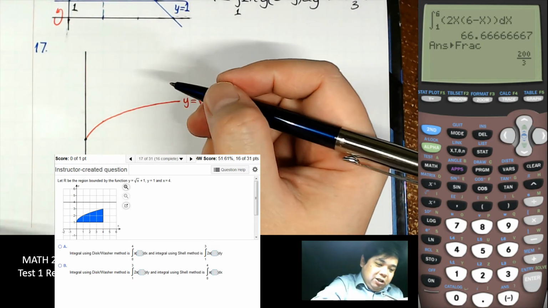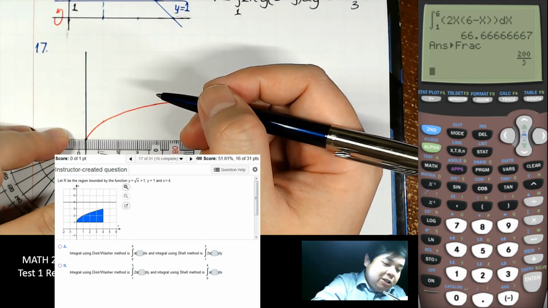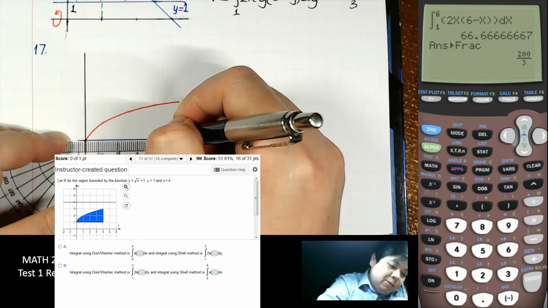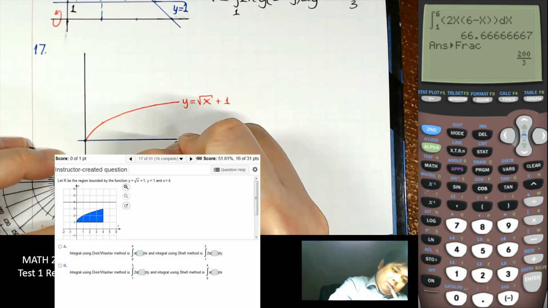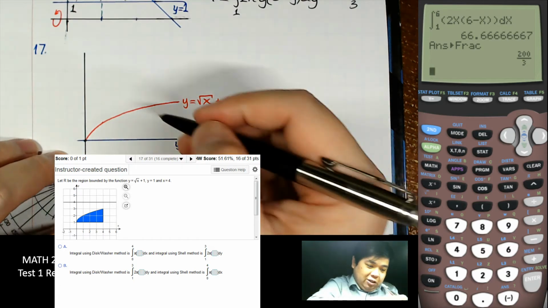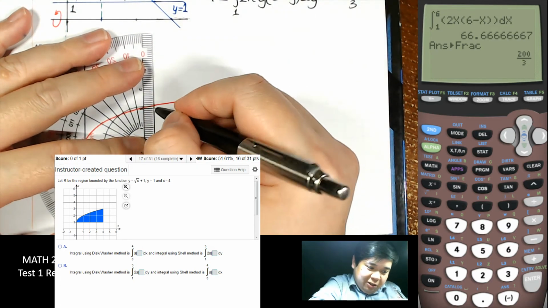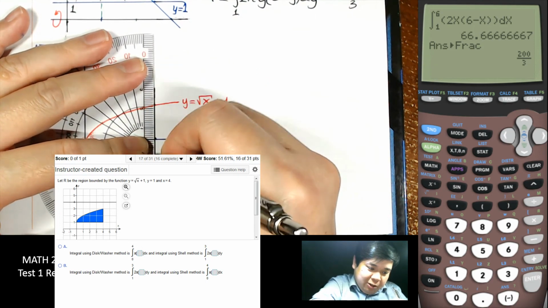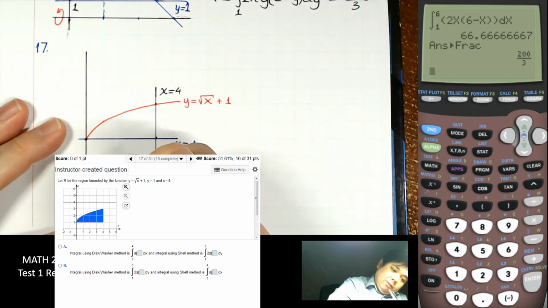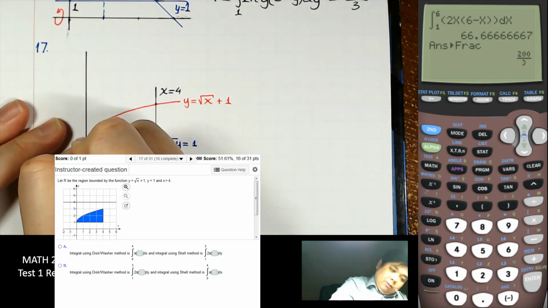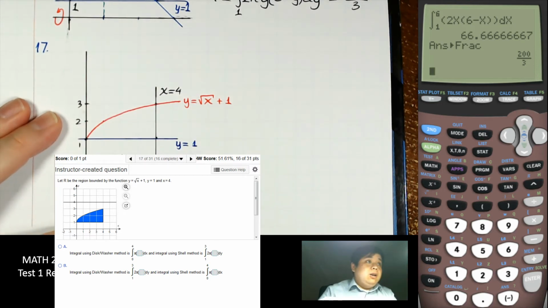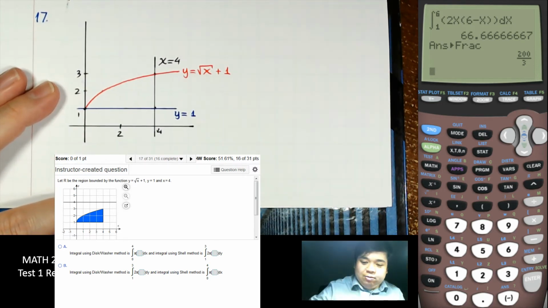Y equal to 1. And x equal to 4. So we have that.